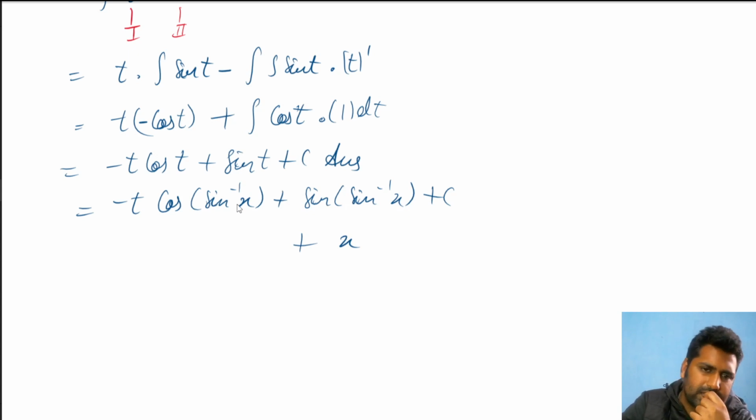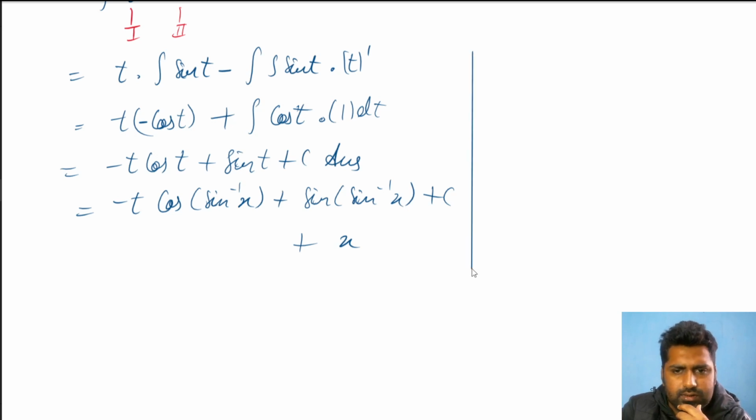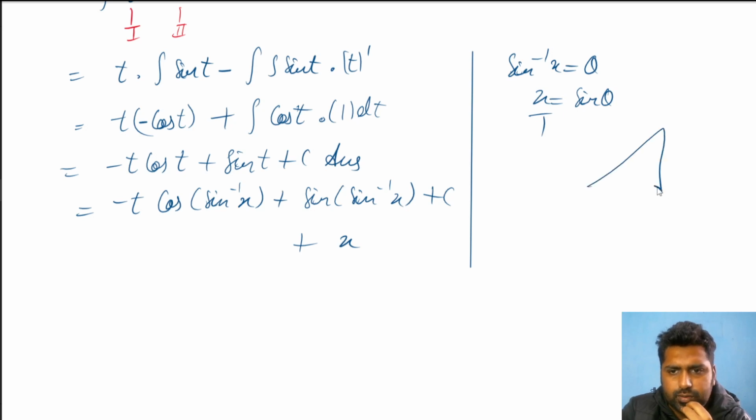So we can convert sine inverse to a cos inverse. We know sine inverse x is basically some theta. So x is sine theta, x upon 1. Let's assume a triangle with angle theta, perpendicular is x, hypotenuse is 1, perpendicular upon hypotenuse.